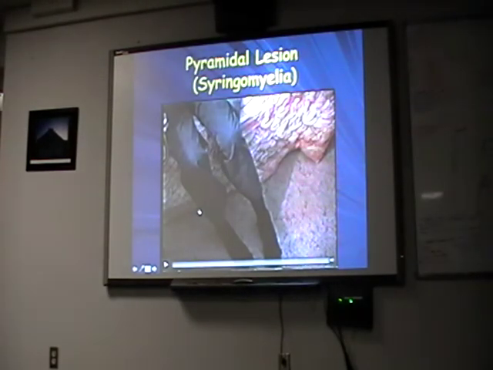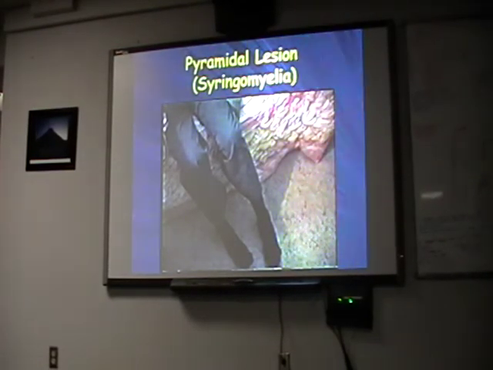And now here we have a patient with syringomyelia. What's syringomyelia? CSF. Myelia. Myelo means spinal cord, like myelogram, like myelomeningocele, like syringomyelia. Spinal cord.